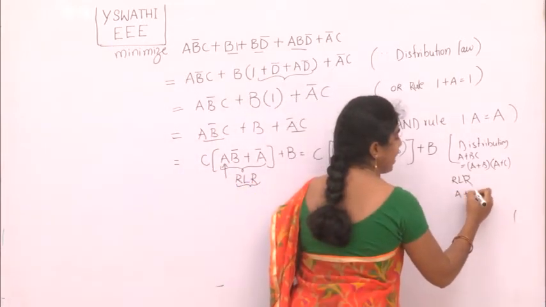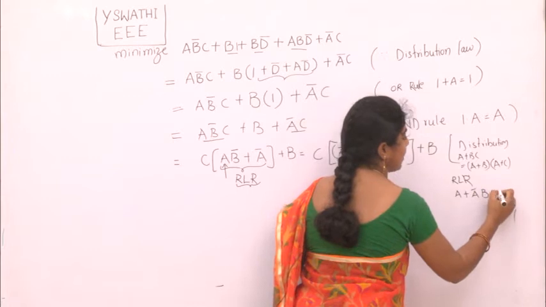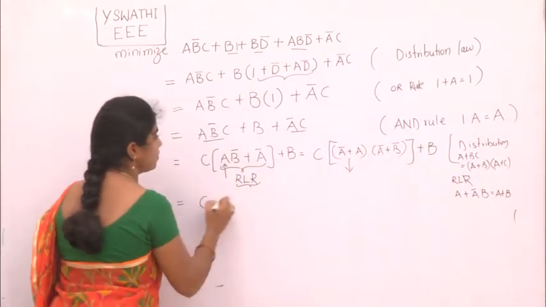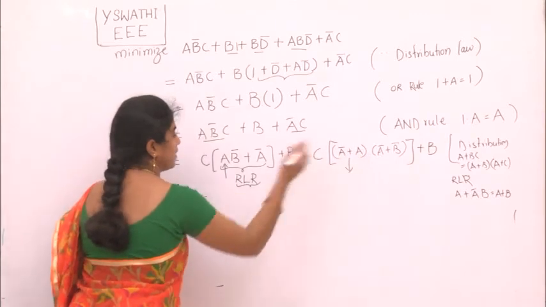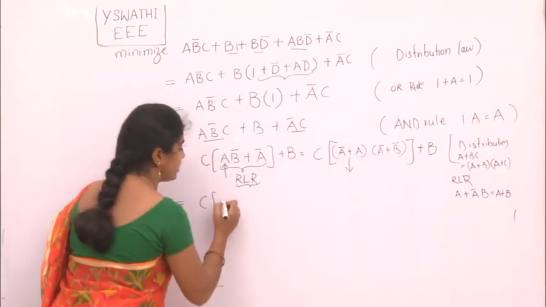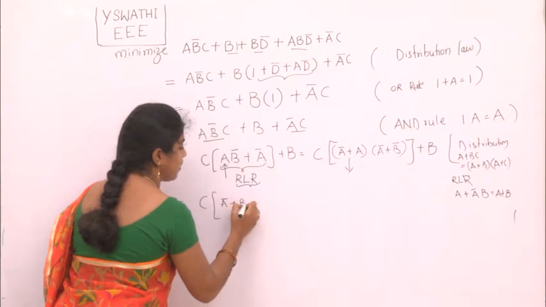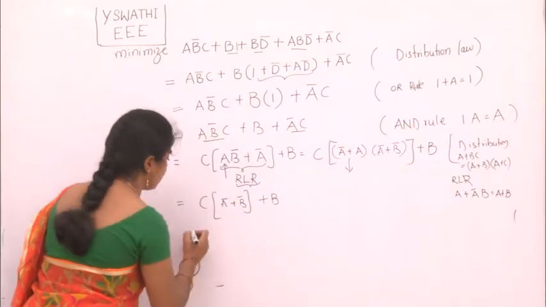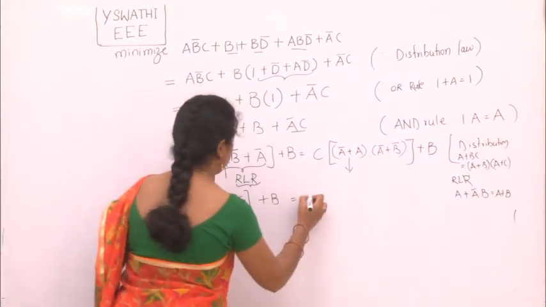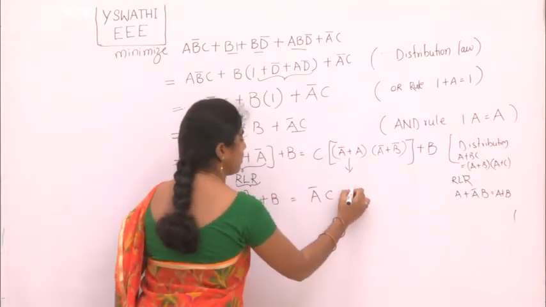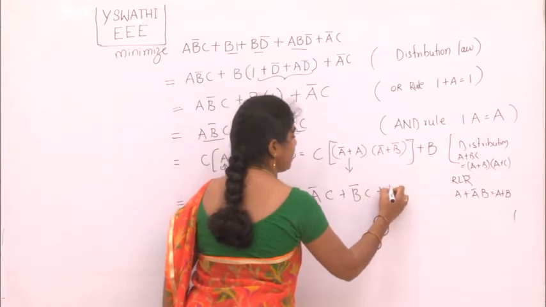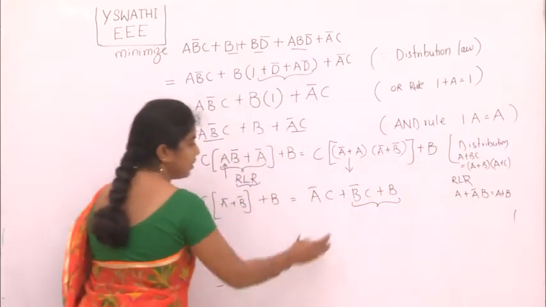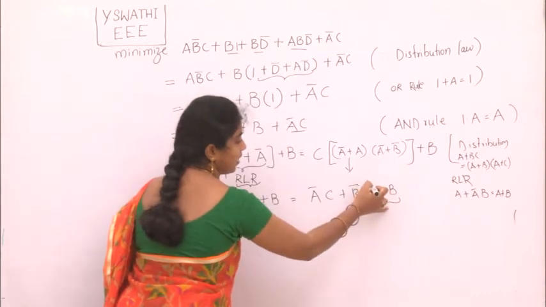A plus A bar B is nothing but A plus B. So directly you can write it as A bar plus B bar plus B. Otherwise you can expand it like this: A bar C and B bar C plus B. Again by using RLR, you can drop this literal.